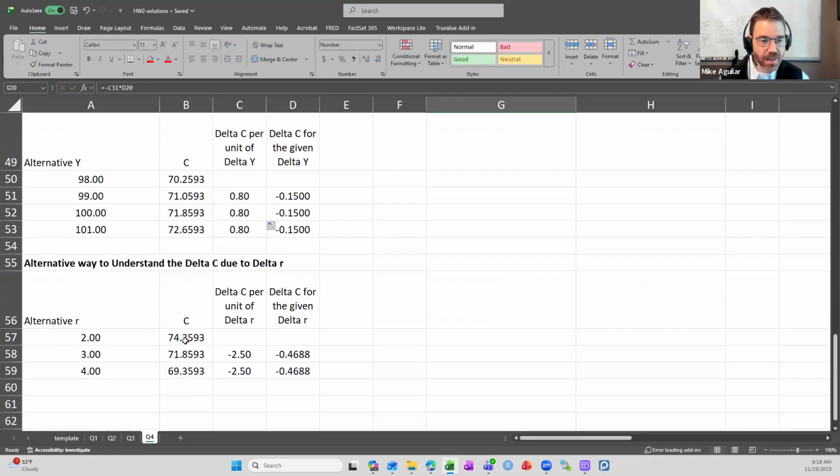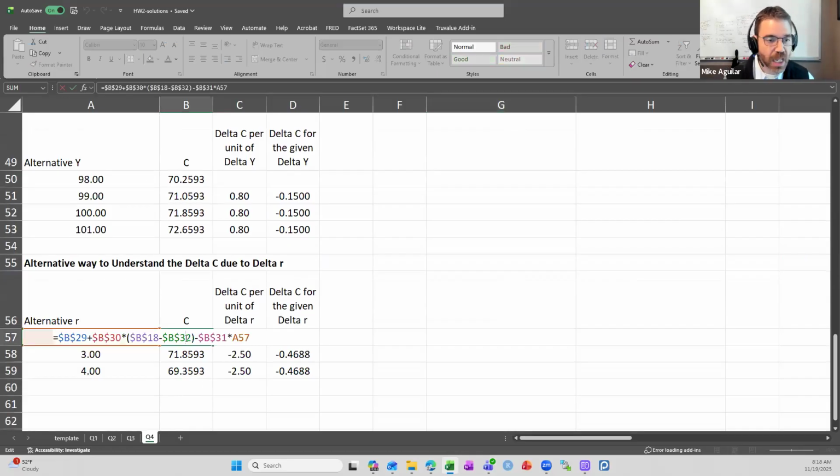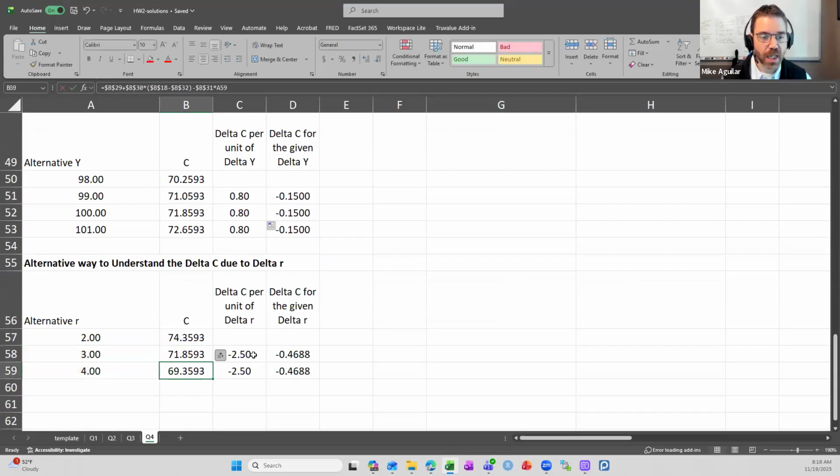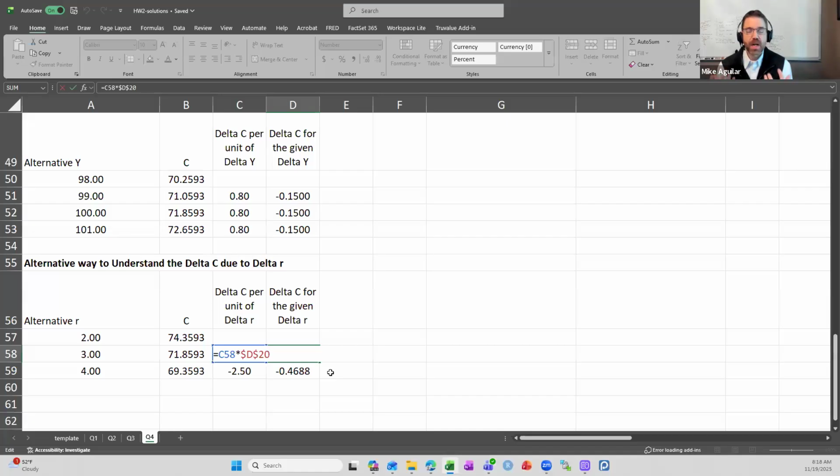I did the same exact setup. I took a consumption function and I'm referencing different interest rates, all increased by 1 unit. I take the scaled amount on each of them, and then I amplify that by the amount of that shock.